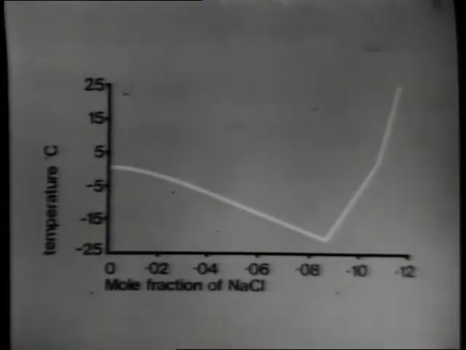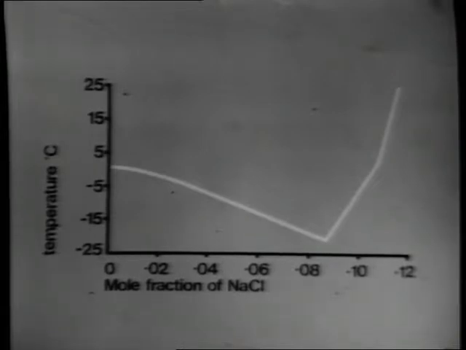This graph shows the freezing point depression curve for sodium chloride. In this and in subsequent graphs I've expressed the concentration of sodium chloride in mole fraction terms, which is perhaps a little unfamiliar. It is, however, more applicable to cryobiology because, as I will explain, as freezing proceeds, one reaches very high solution strengths, and the conventional methods of expressing concentration are no longer strictly applicable.